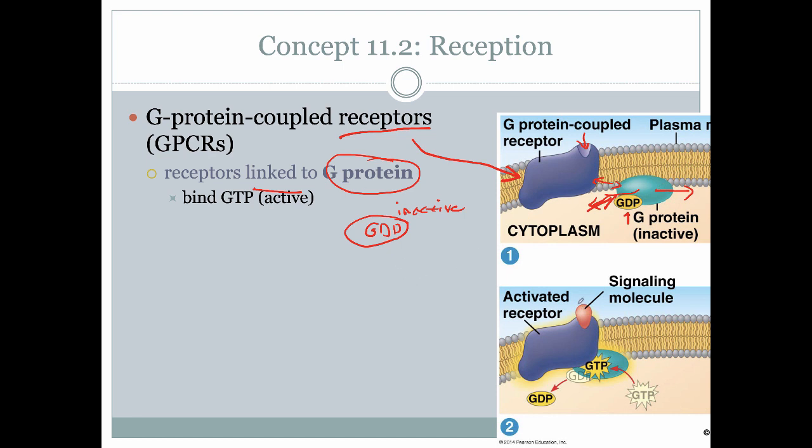When a signal does bind to the G protein coupled receptor, this G protein will exchange. What I mean by exchange is it gets rid of GDP, all right? It picks up GTP from the cytosol. So there's a large amount of GTP in the cytosol just floating around. And so the G protein has very high affinity for GTP, but it needs to get rid of the GDP to do so.